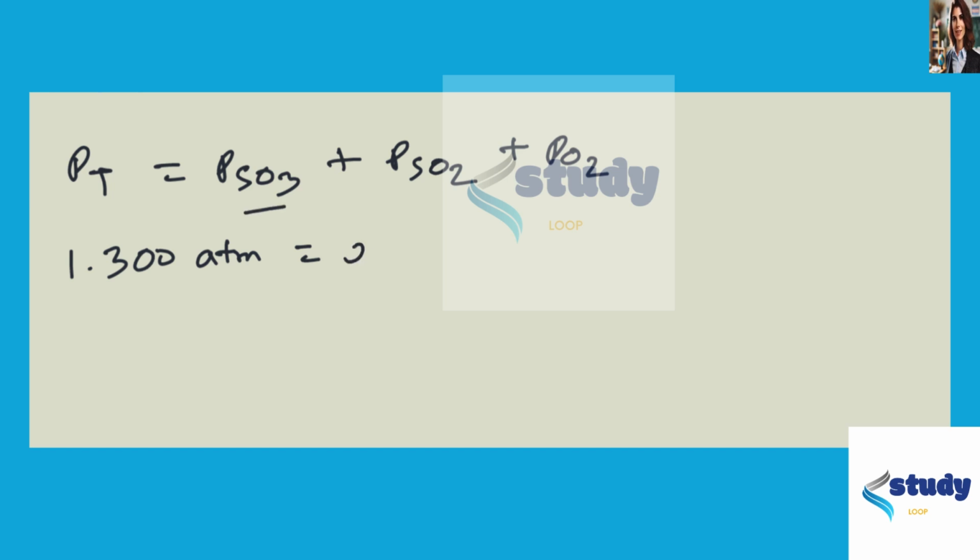We have calculated each of the equilibrium pressures. For PSO3 it is 0.937 minus 2x, then for SO2 it is 2x, and for O2 it is x.